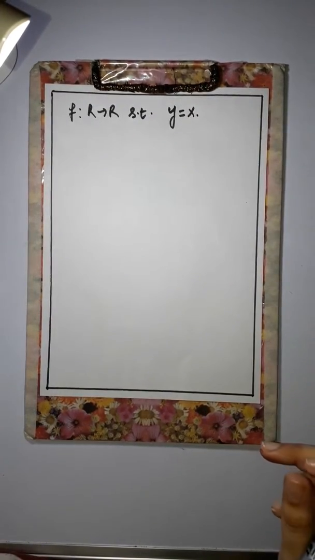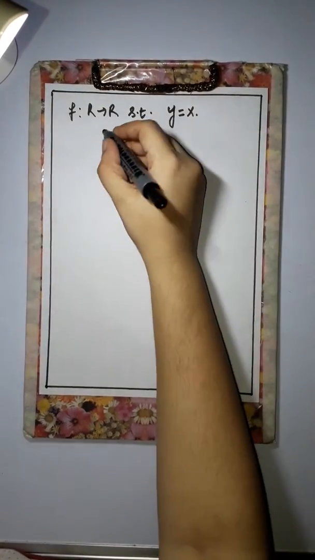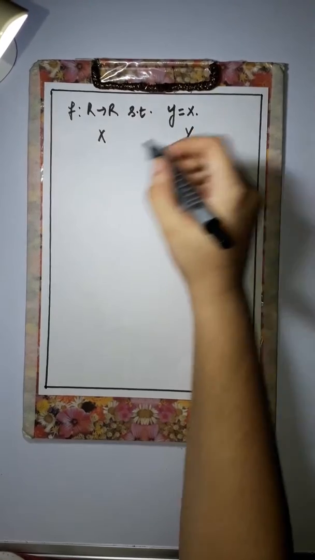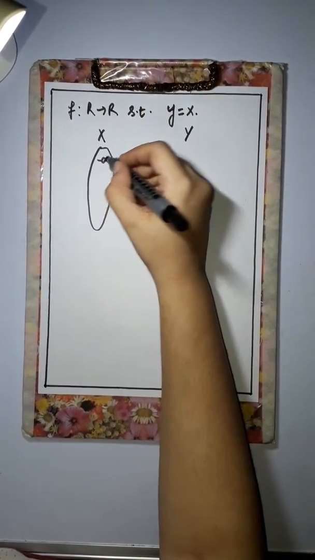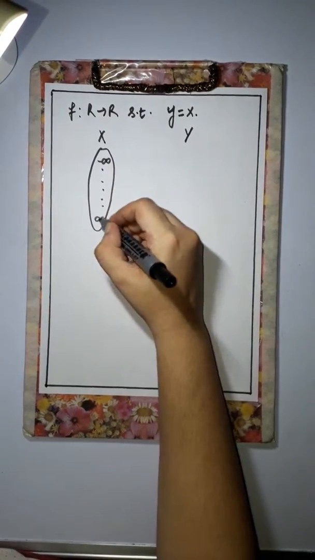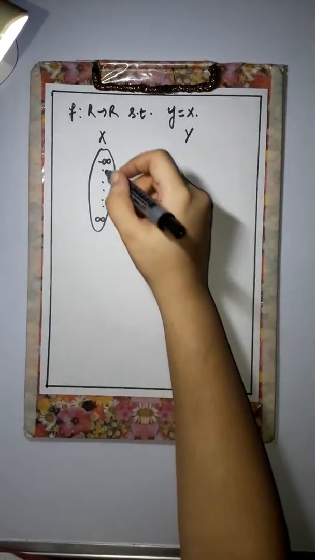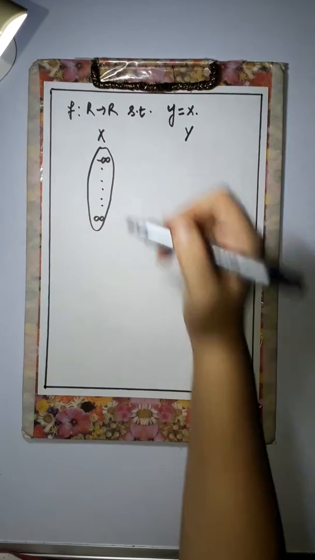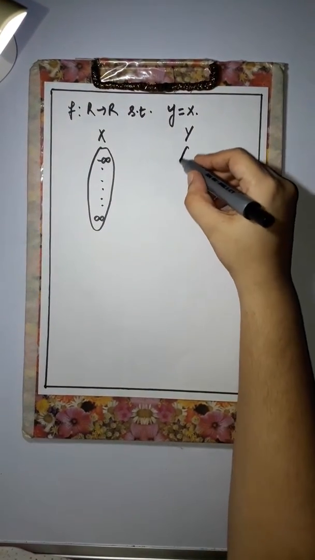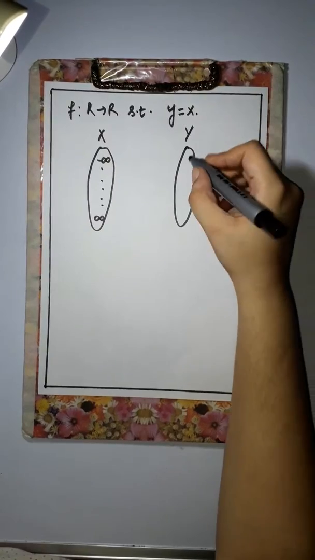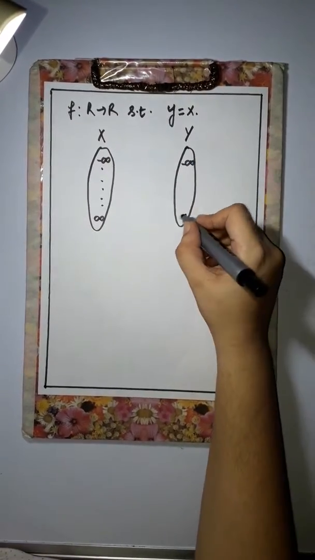So for this we will consider two sets, x and y, such that x contains elements from minus infinity to plus infinity, where between these two lies infinitely many real numbers. Same for the codomain, which is y.